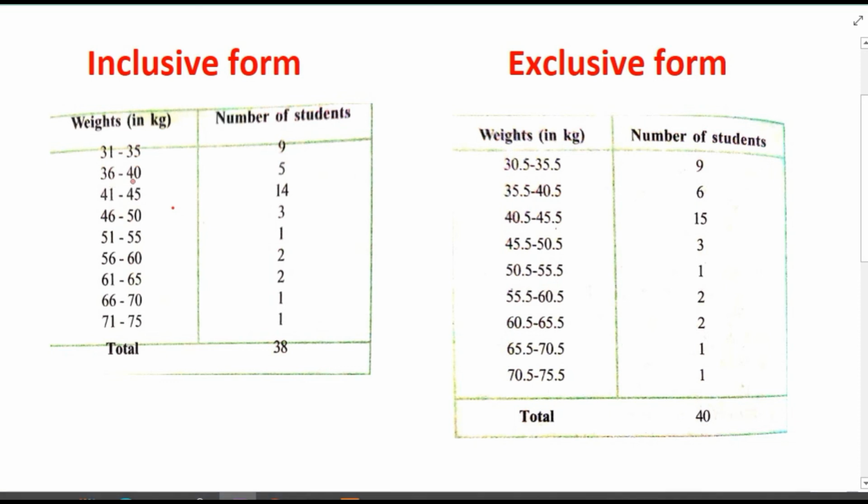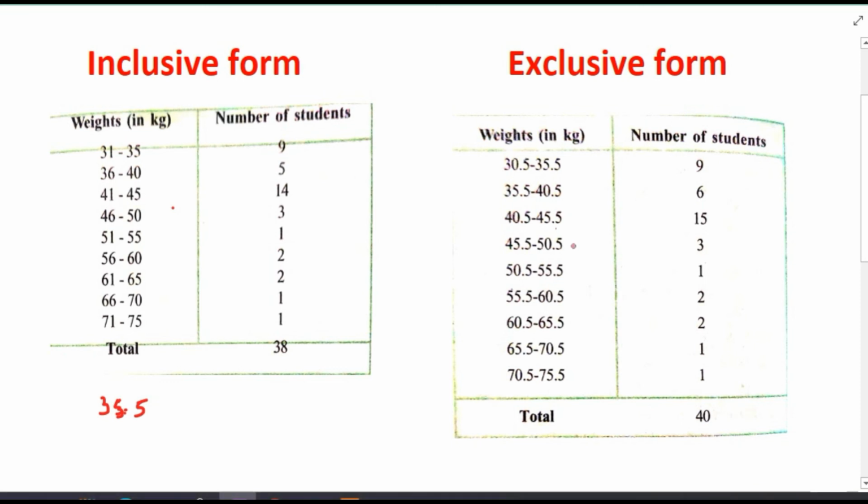And 36 to 40. So upper limit and lower limit are included, but this will be in discontinuous form. If you have 35.5, as we just saw, it cannot be included. So it is a discontinuous form. So the frequency distribution in which the upper limit as well as the lower limit is included is inclusive form.